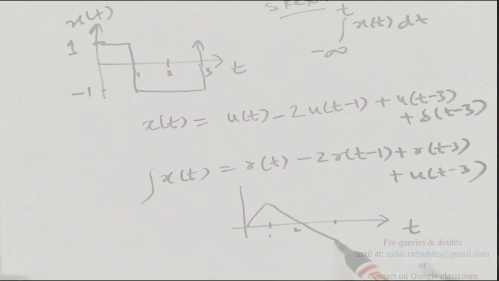So at this point the magnitude is -1, and if we add the slope r(t-3) here, the line should be straight having magnitude -1, but since we have another step signal that starts at t equal to 3 having a positive magnitude of 1, that is why we will be having this type of waveform. So this is the required representation of the given waveform.